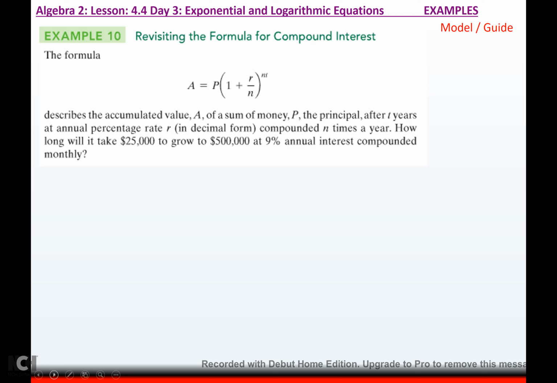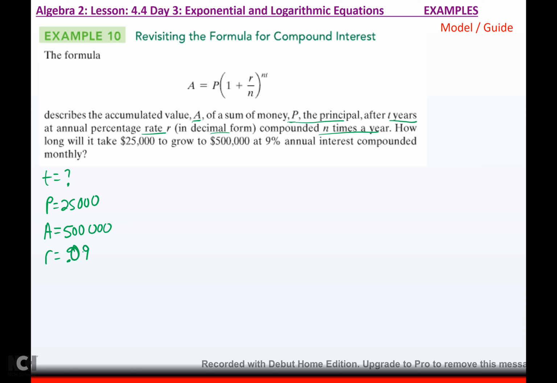It describes the accumulated value A of a sum of money P, the principal, after t years at a rate r in decimal form, compounded n times a year. It says how long, so I'm looking for time. How long will it take 25,000, that's my principal, to grow to, that's my final amount, 500,000, at a 9% annual interest rate, which is 0.09.